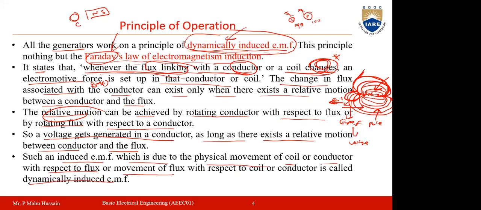If you are rotating the conductors, the EMF induced is called dynamically induced EMF. And if you are rotating the magnetic flux and fixing the conductor, then the EMF induced in the conductor is called statically induced EMF. This DC generator works on the dynamically induced EMF, which is nothing but flux is constant, flux is stationary, conductor is moving. Simple.